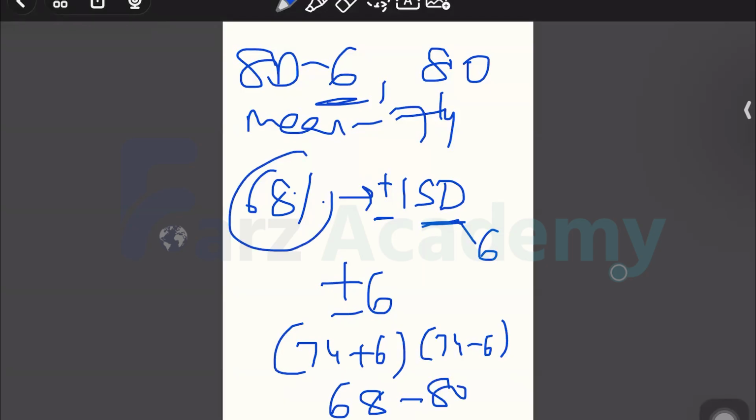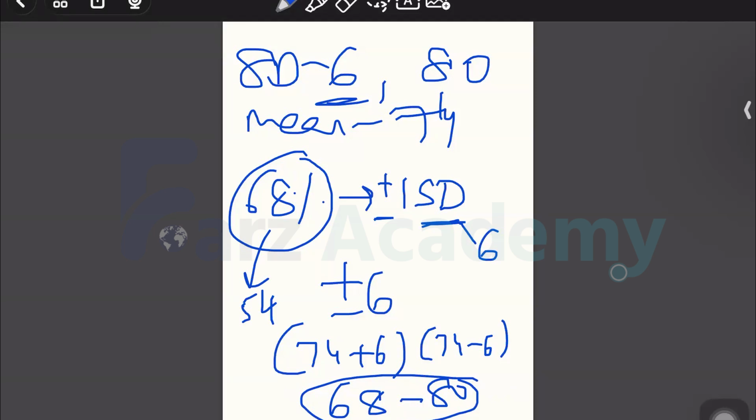So 68% of the population is going to fall within the pressure range of 68 to 80.